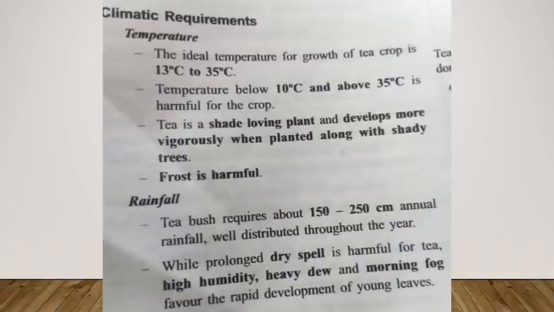Frost is harmful. Now the rainfall, it requires a rainfall ranging between 150 to 250 centimeters, which is well distributed throughout the year. Prolonged dry spell is harmful for tea. High humidity, heavy dew, and morning fog favor the rapid development of young leaves.